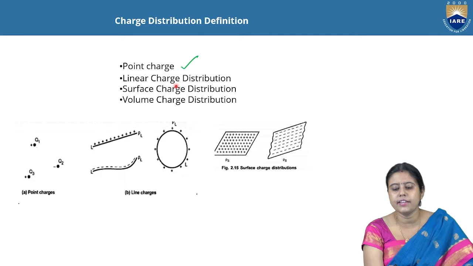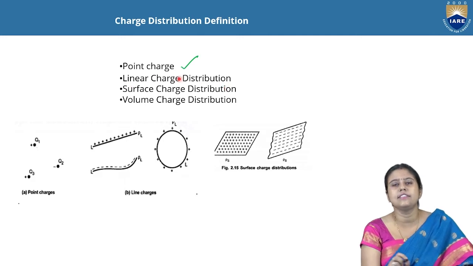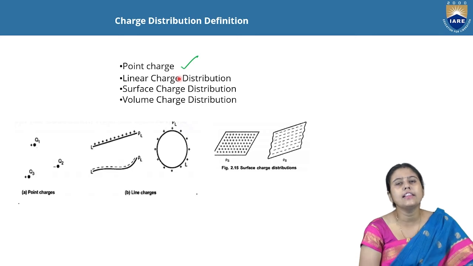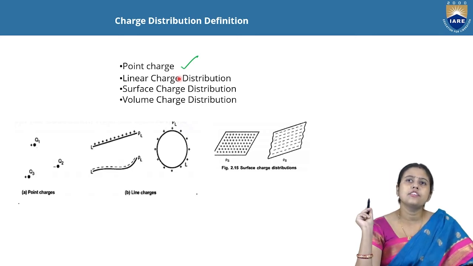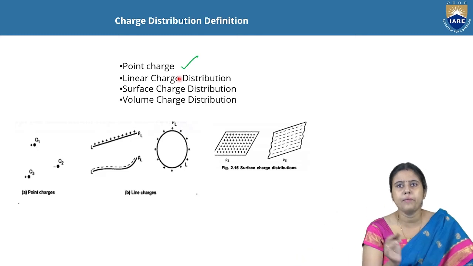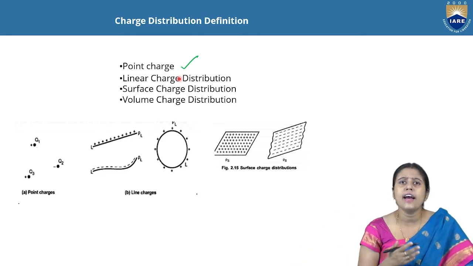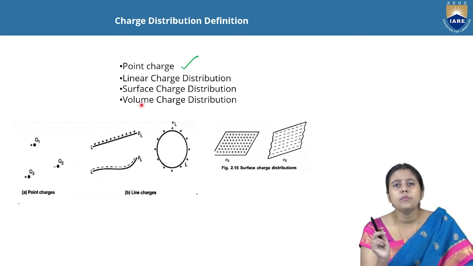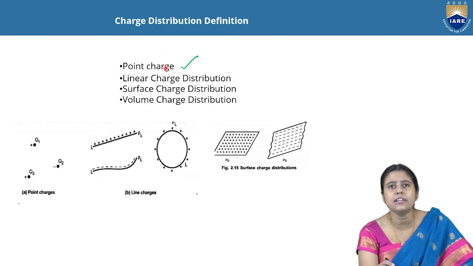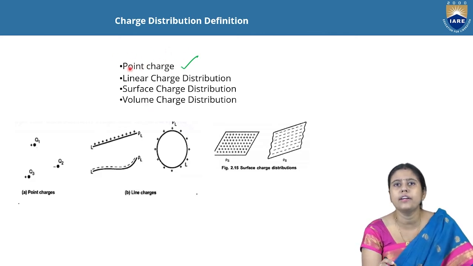The next important thing is the linear charge distribution. Think about overhead lines. The overhead line runs from one area A to area B. In this line, there are thousands and thousands of charges and we do not know the total amount of charge, so we cannot define it using the point charge.